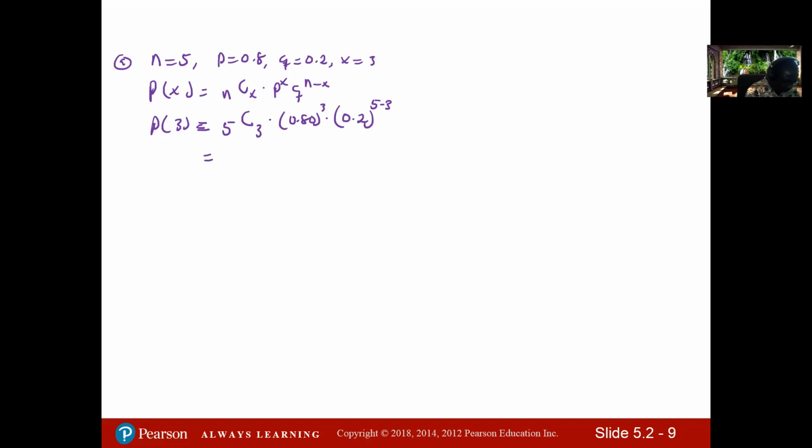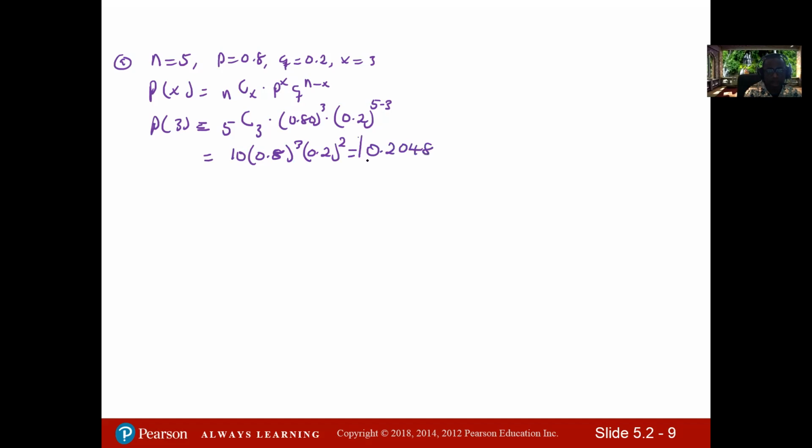If I do 5 combination 3, this is 10. And I have 0.8 raised to the third, and then 0.2 raised to 2, or squared.